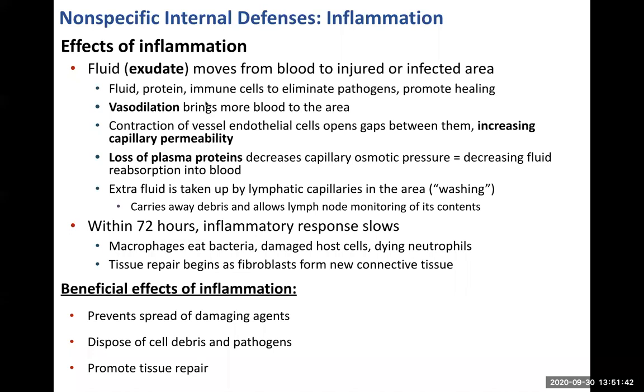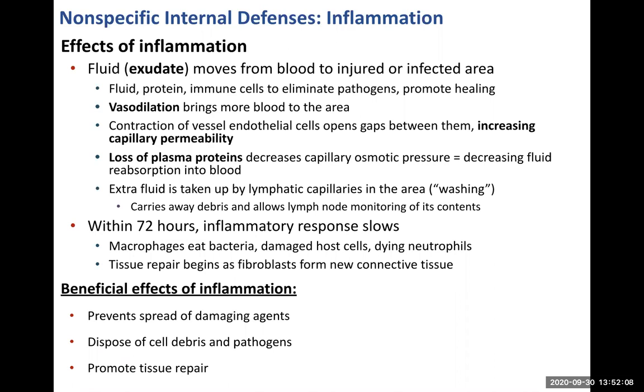Along those lines is the production of what we call exudate. Exudate is essentially interstitial fluid. So what we see in response to inflammation is the formation of exudate, and this is why swelling is one of the hallmarks of inflammation.